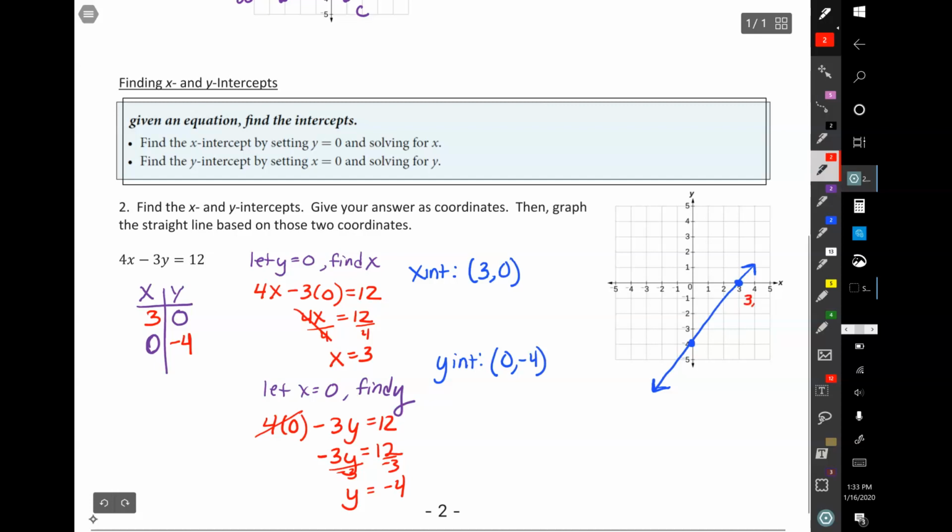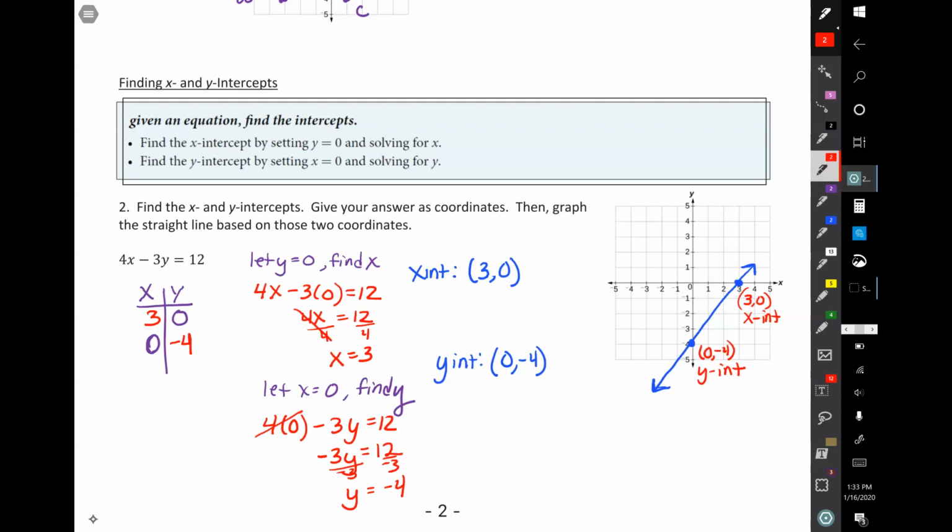So (3, 0), and label it x-int, and then the y-intercept, put parentheses 0 comma negative 4, and label y-int. And that's it for plotting using the intercept method.